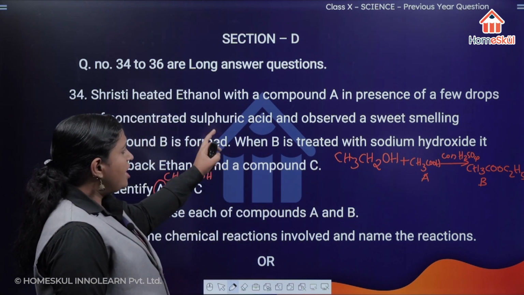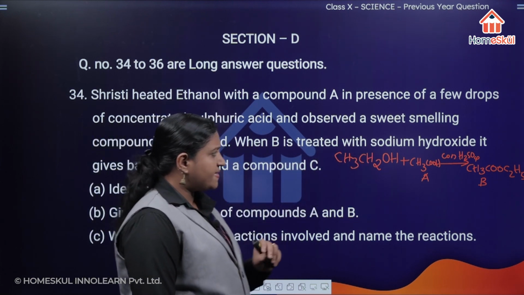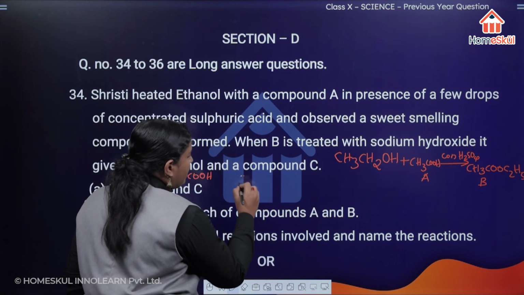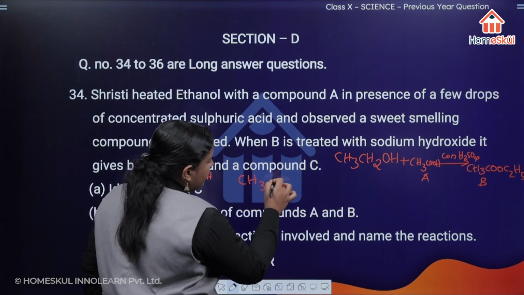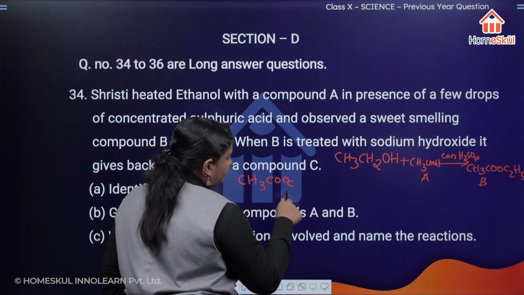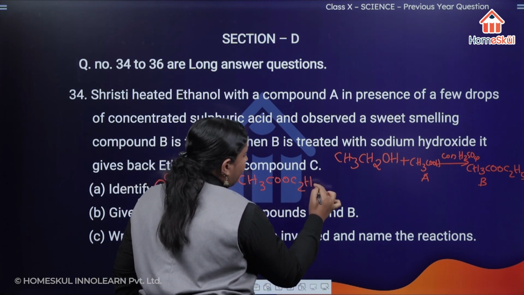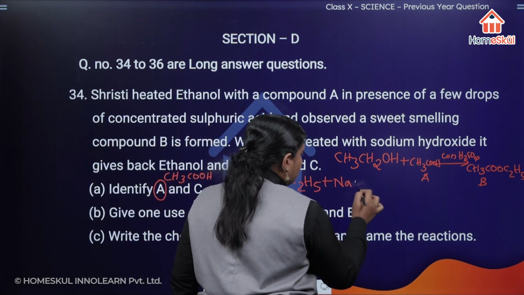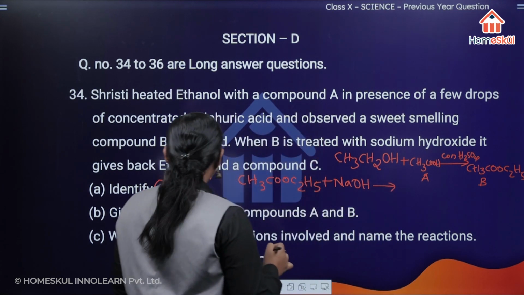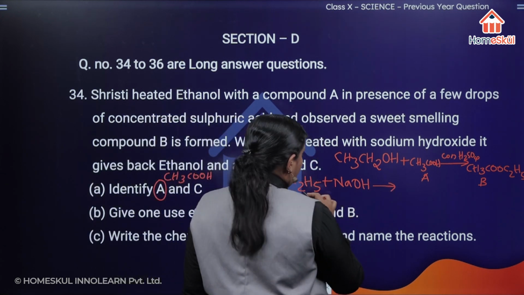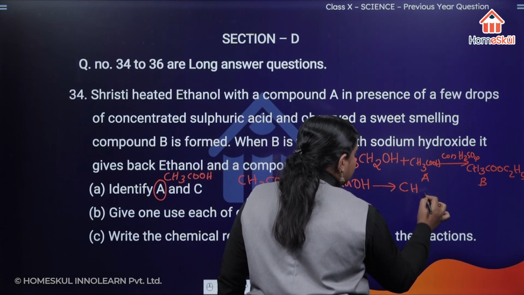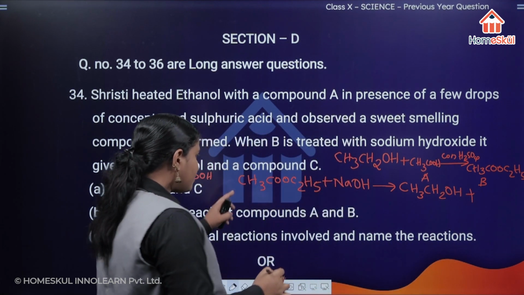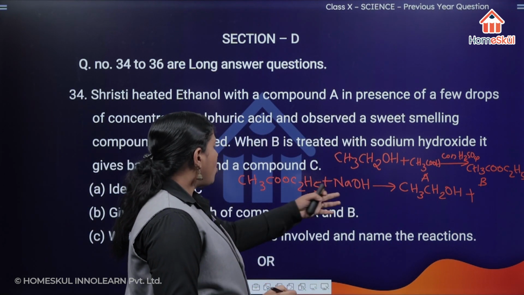Now, let's see the second part. When B is treated with sodium hydroxide, it gives back ethanol and a compound C. So, when B, CH3COOC2H5, is treated with sodium hydroxide, NaOH, what happens? You will get ethanol back. What's the formula of ethanol? CH3CH2OH. So, CH3CH2OH is gone.